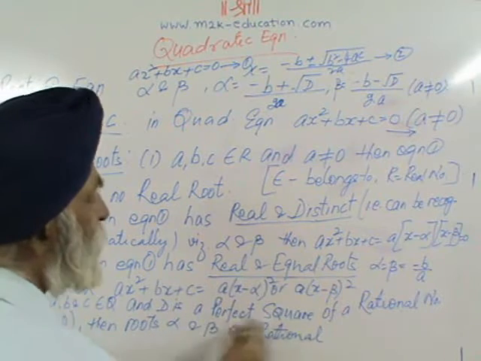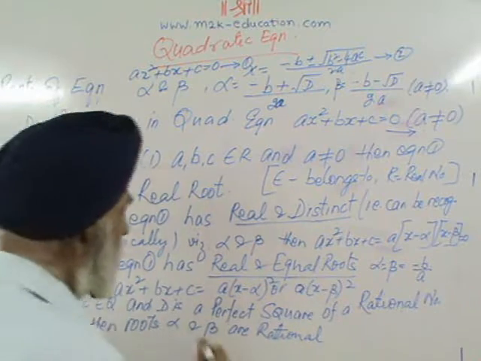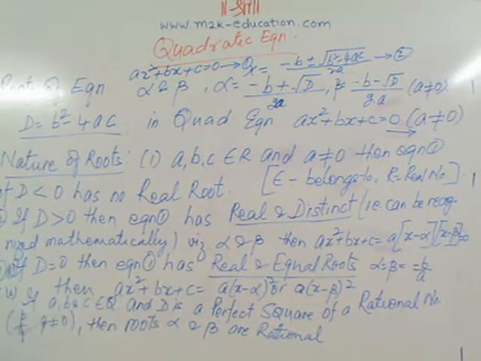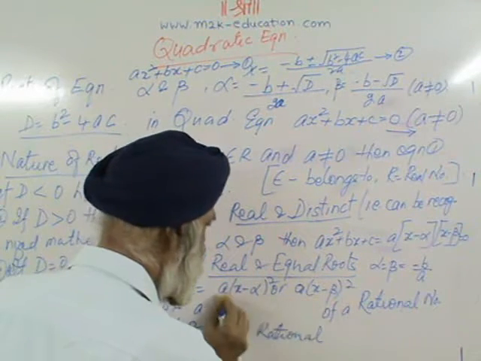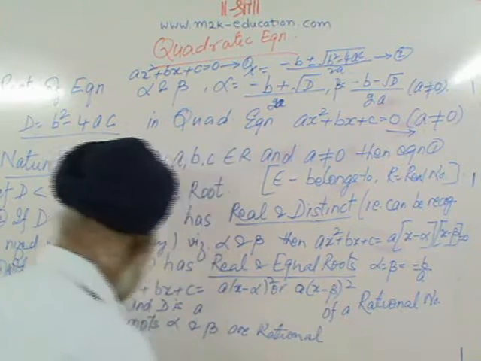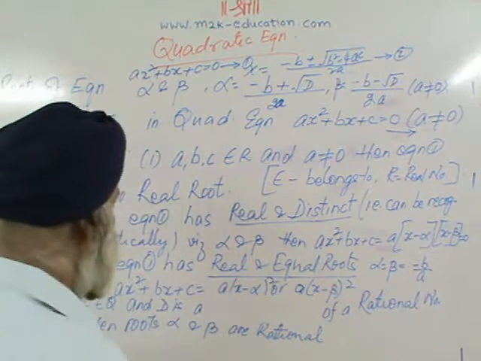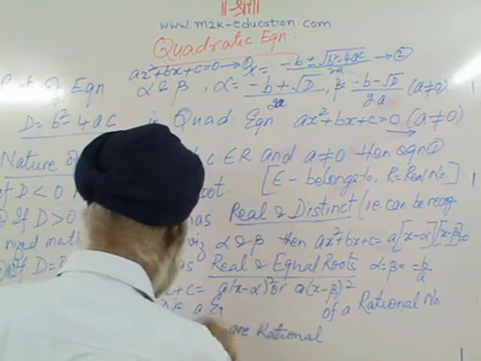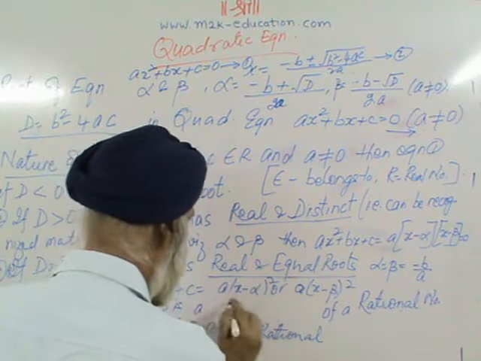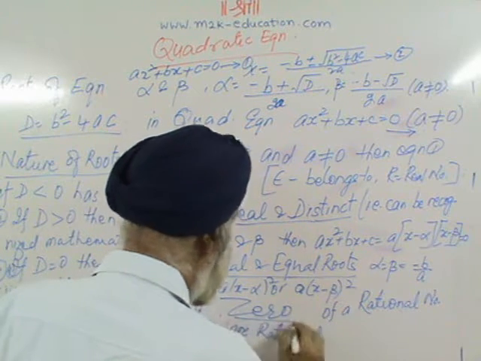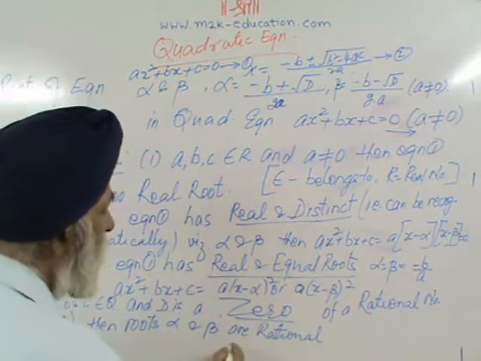And d is a perfect square. If d is 0, then the roots alpha and beta are rational.